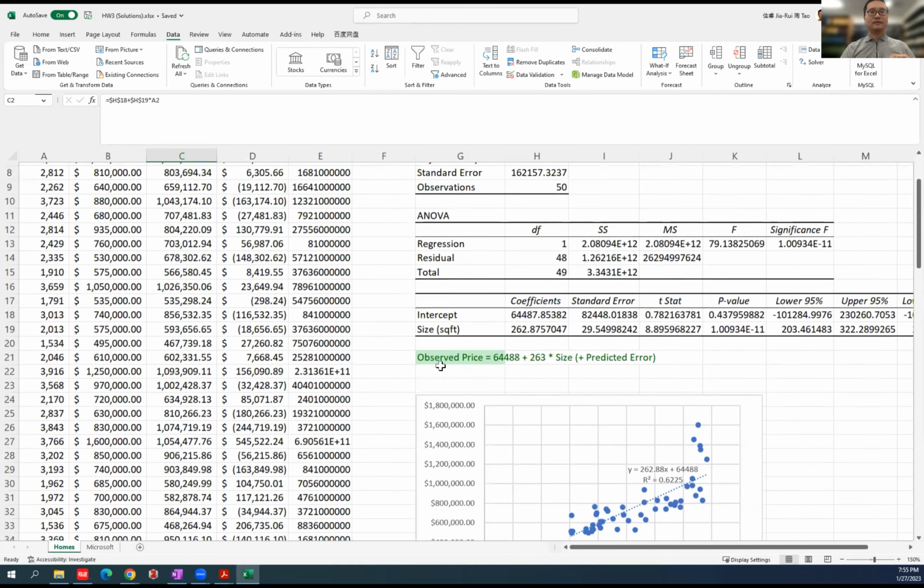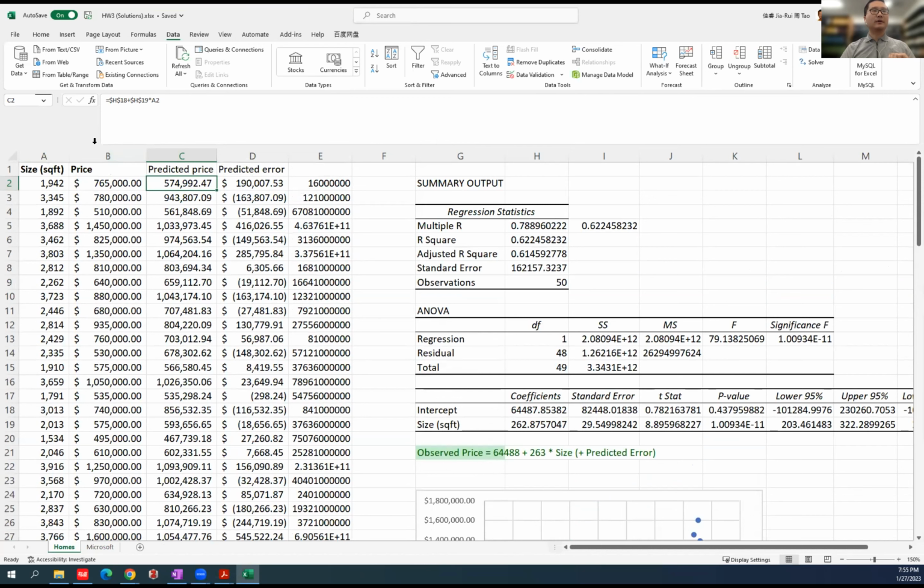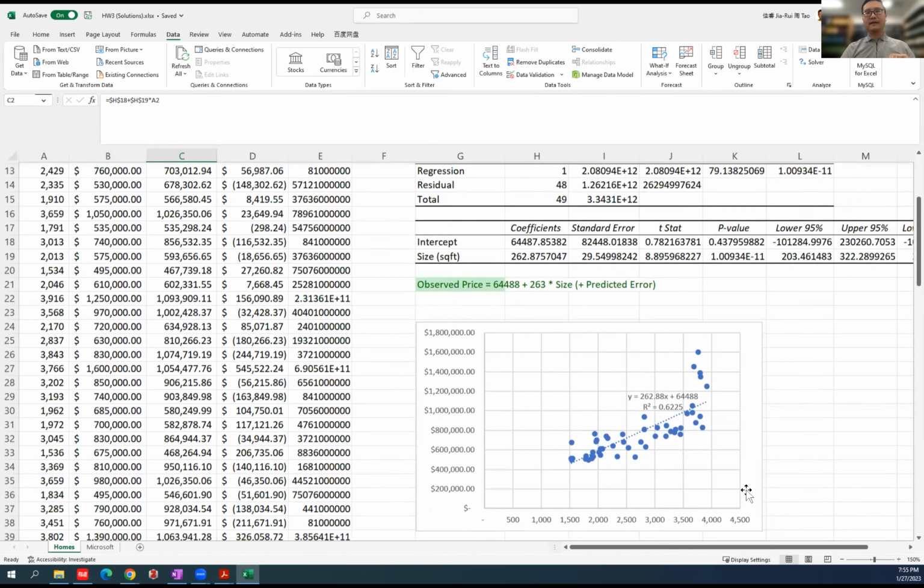If they match with what's observed in our supplied data, then it's a good sign. If they don't match, for example, you could have flipped x and y when plotting the scatter plot. Then you could see that the horizontal axis represents the price. Then it doesn't really give us a good representation.